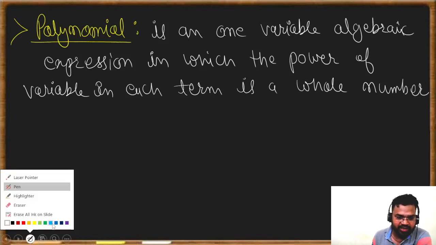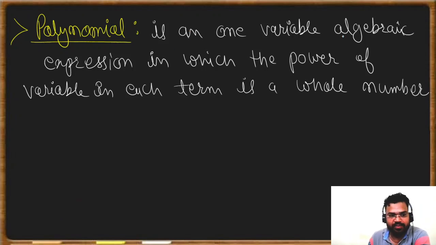So children, a polynomial is simply a special case of an algebraic expression in which the power of the variable in each term is a whole number. Polynomial is a one variable algebraic expression in which the power of the variable in each term is a whole number.